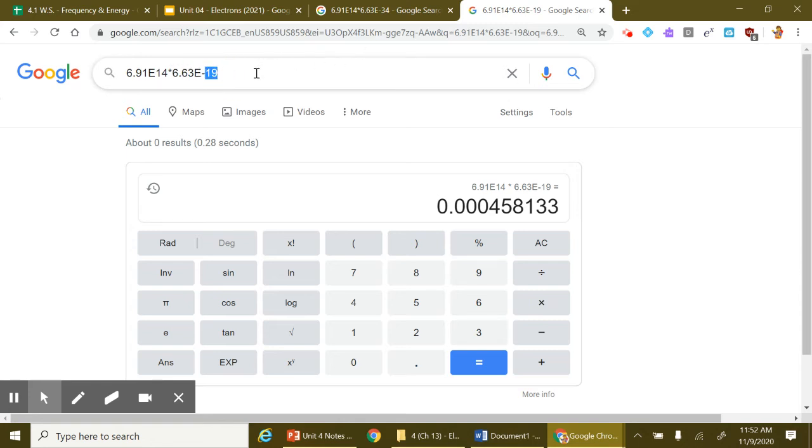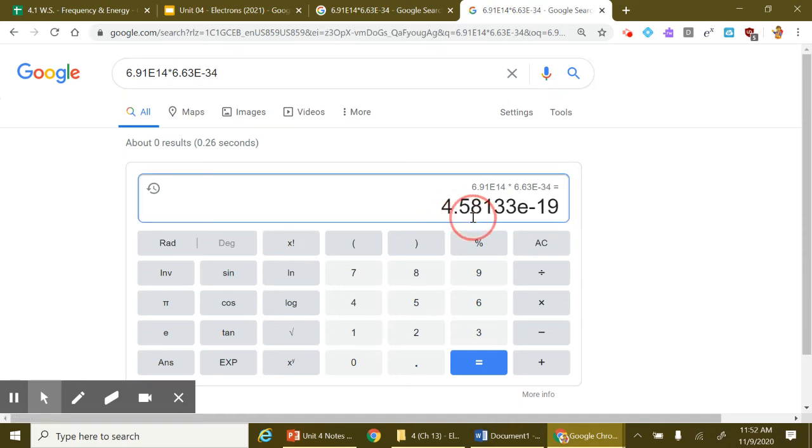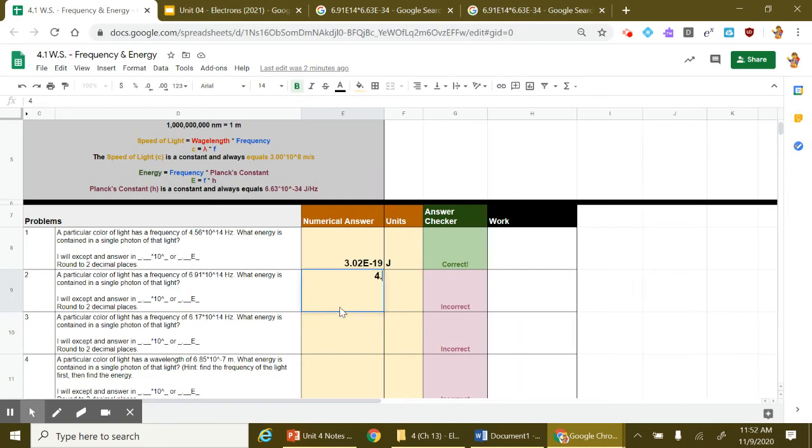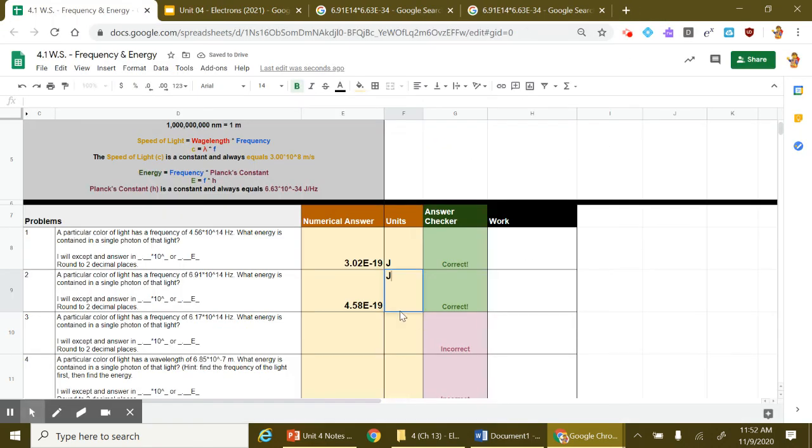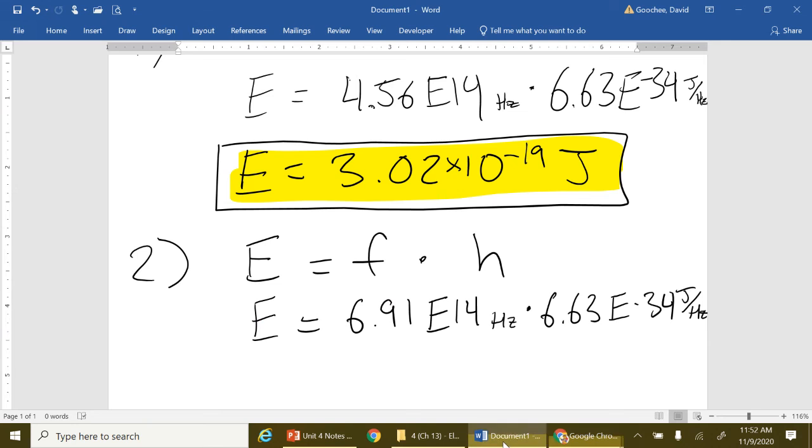Okay, I messed up. It's 6.63 times 10 to the negative 34th. Hey, mistakes happen, guys. Let me try this again. Okay, 4.58 times 10 to the negative 19th joules. That's correct.